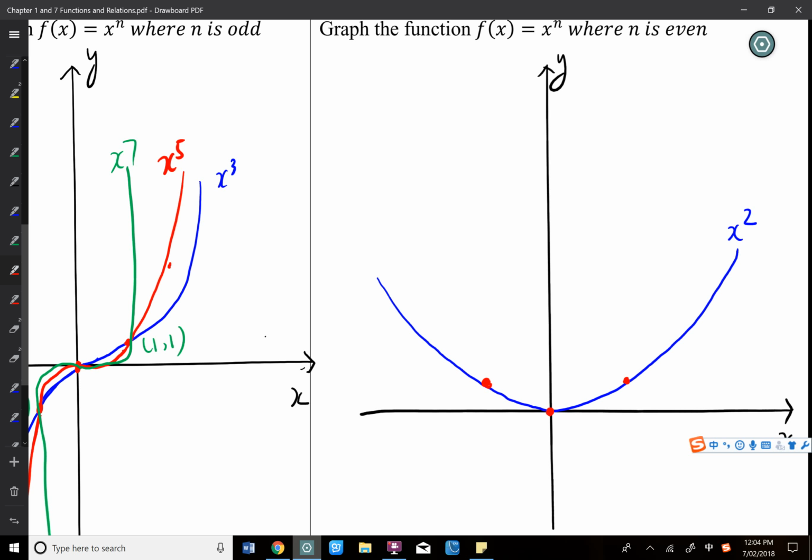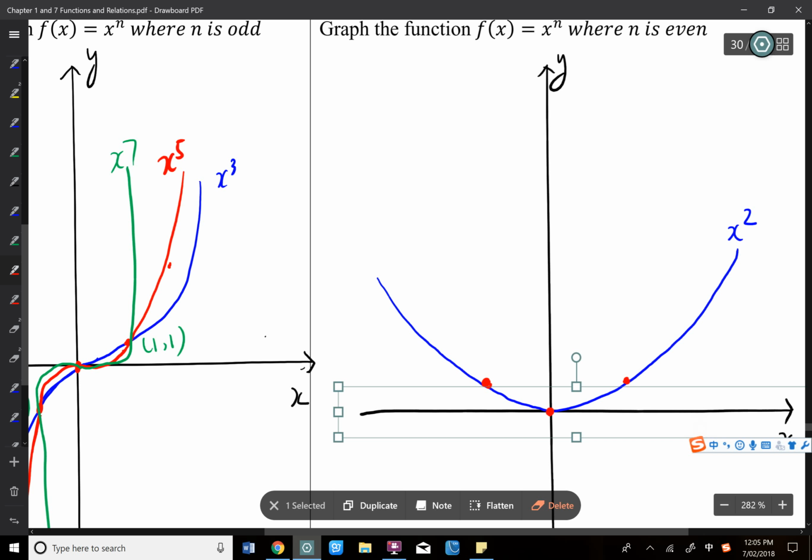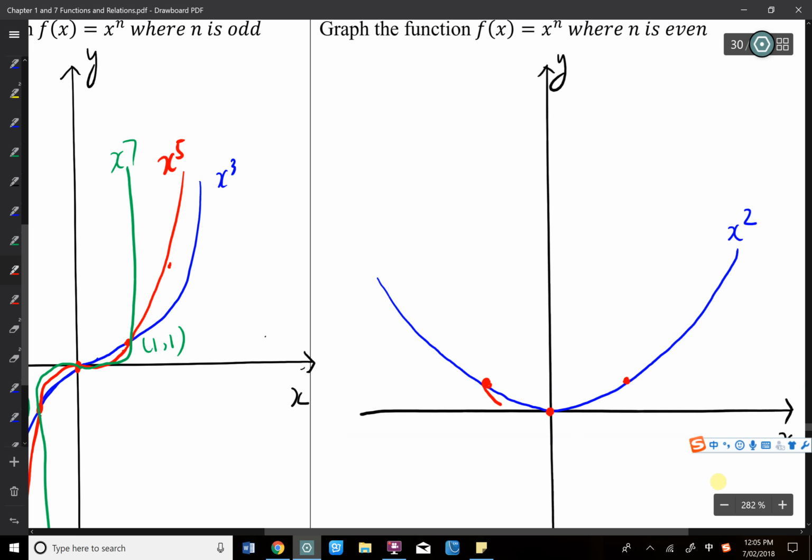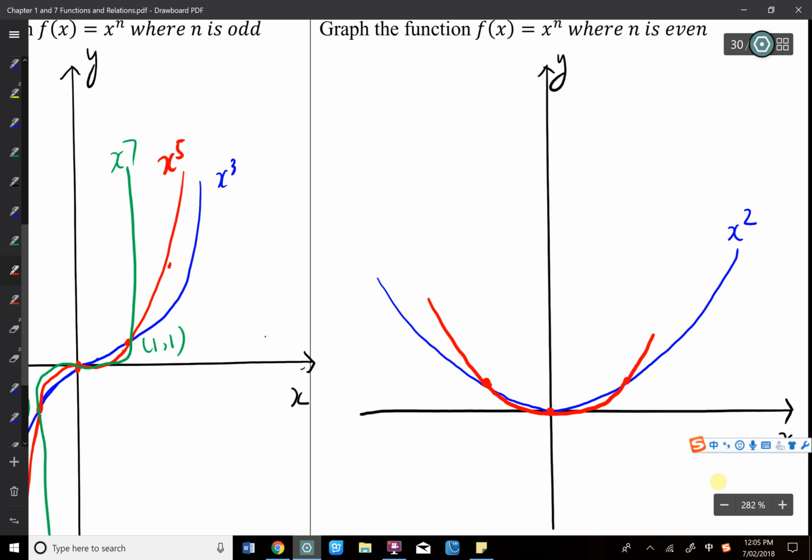Same idea: the power is larger, so after the value 1, you will have a larger y value as well. So x to the power of 4 should be a higher graph, but only after 1 and negative 1. From here to here, you will go below this graph, and then go up. It's below here and going up here.